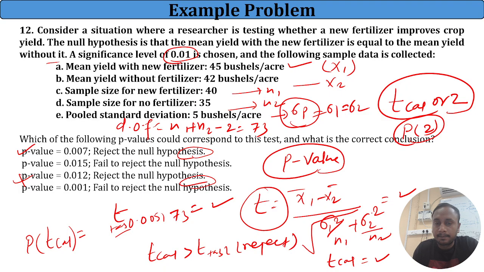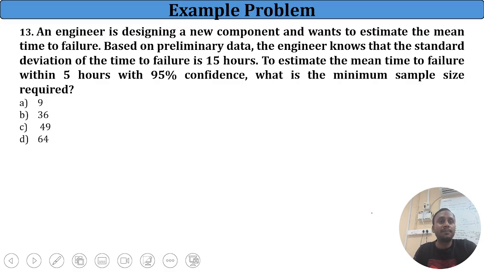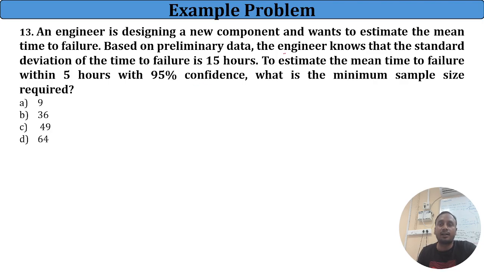Yes, sir. So now the next question: an engineer is designing a new component and wants to estimate the mean time to failure. Based on the preliminary data, the engineer knows that the standard deviation of the time to failure is 15 hours. To estimate the mean time to failure within 5 hours with 95% confidence, what is the minimum sample size?